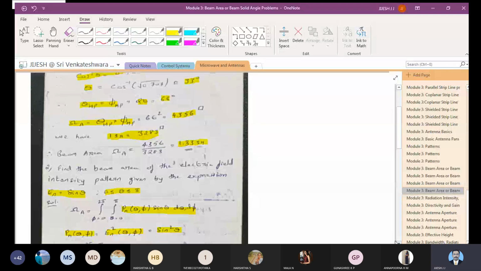Has anyone completed the integration? You should be able to do integration. You will be writing GATE examinations and others in the future. Integration, differentiation, trigonometric relationships: all these things are the bare minimum requirement for students. So just make sure that you are clear with all these things.